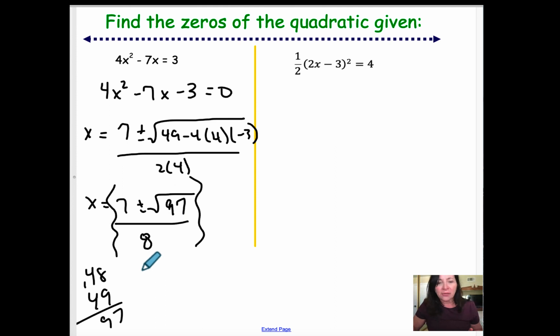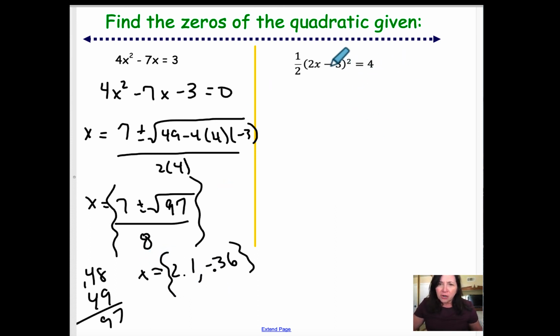So x is about 2.1. And then the other one would be 7 minus the square root of 97 divided by 8, and that's negative 0.36. And so these are my 2 roots, or zeros, okay?